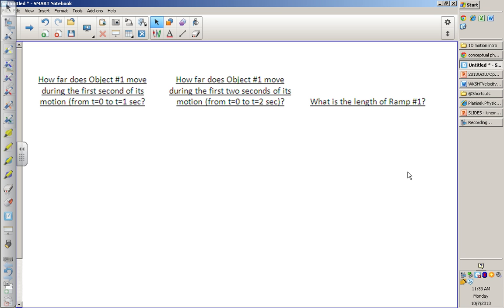So it doesn't actually go 2 meters per second until the very end of that first second. In order for it to travel 2 meters, it would have to be going 2 meters per second the entire time. Because it's speeding up, it doesn't make it to 2 meters, not anywhere close to it, because most of the time it's going slower than 2 meters per second.